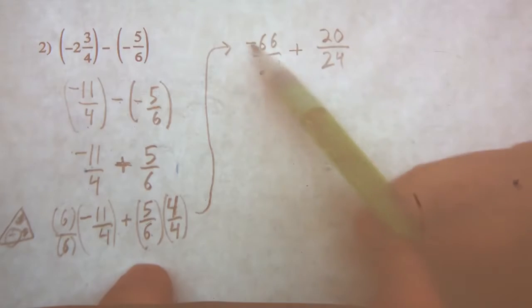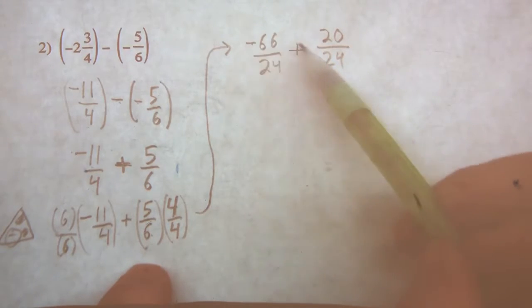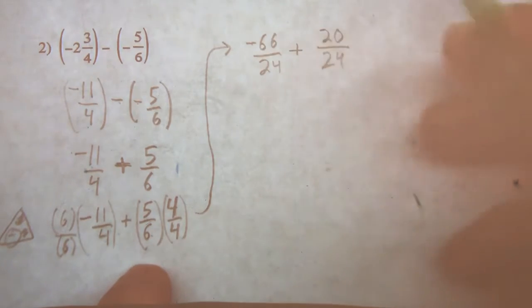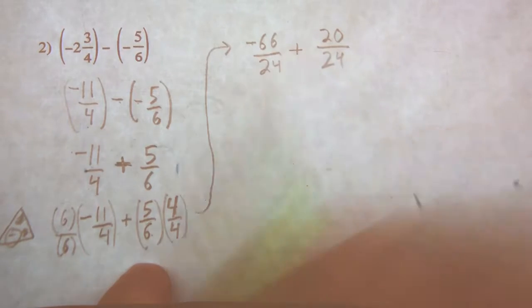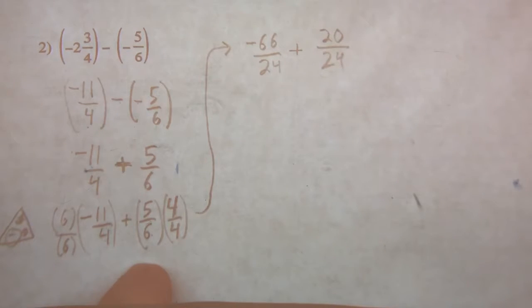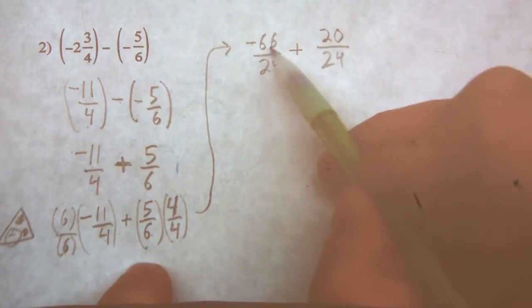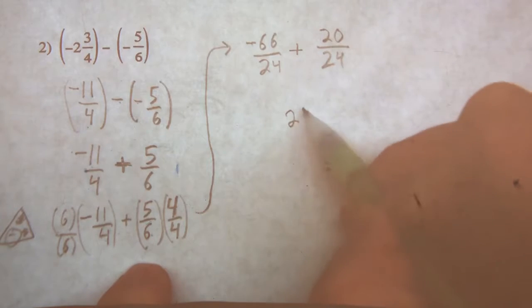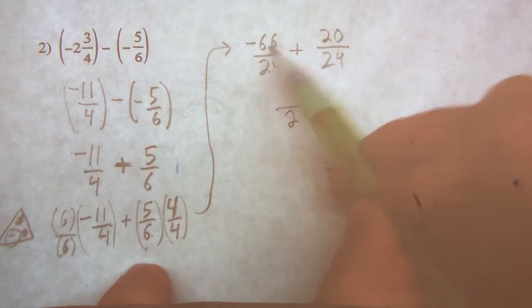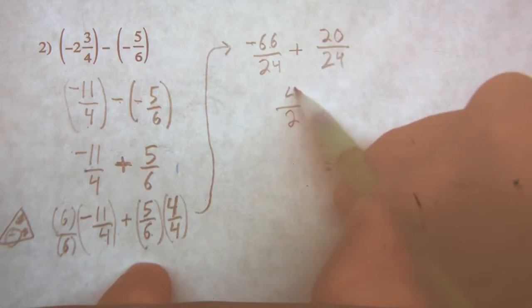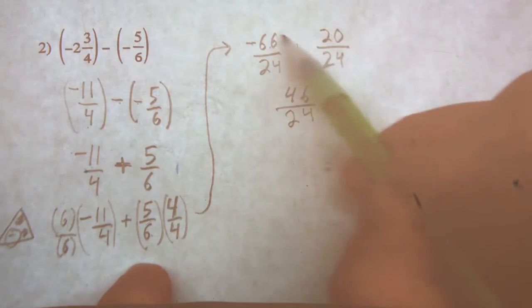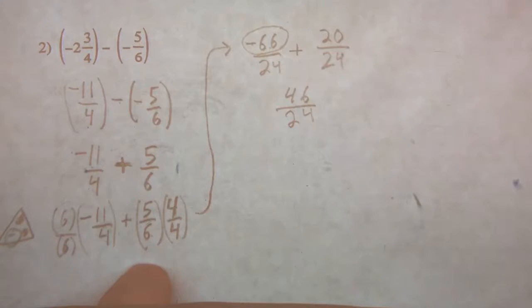So then here, we see that we have different signs. We have a negative and a positive number. So anytime you're adding positive and negative numbers, different signs, you subtract those numbers. So the calculation that I'm doing is 66 minus 20, so that's 46. And then you always take the sign of the number that has the greatest absolute value.